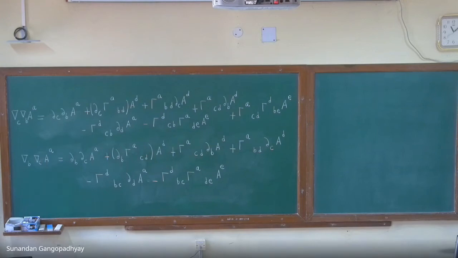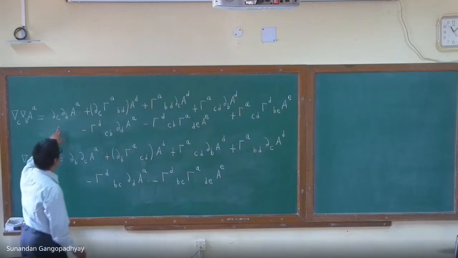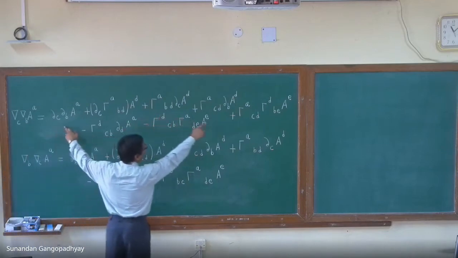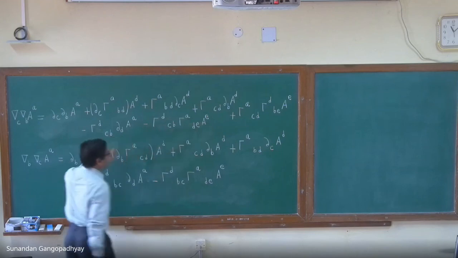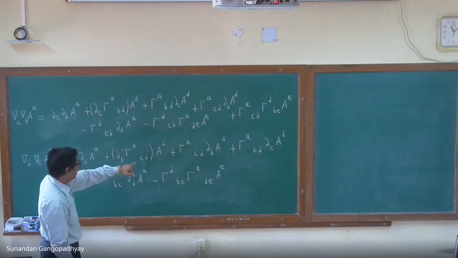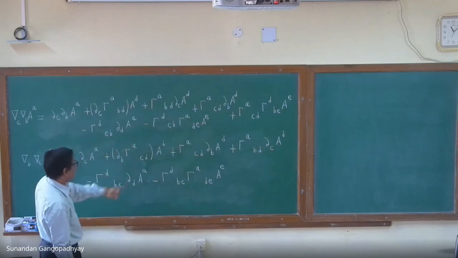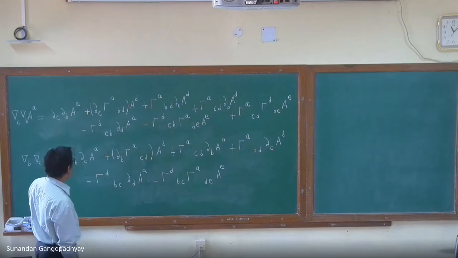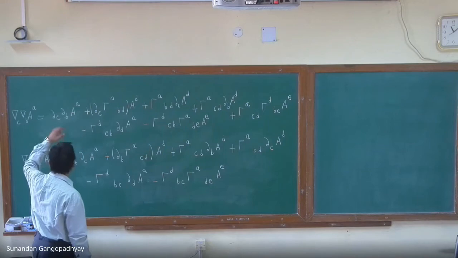And now what we shall do is subtract this from this. If you do a subtraction, then what shall we get? There will be another term. How many terms are there? 1, 2, 3, 4, 5, 6. I missed one term, right? Which term did I miss?